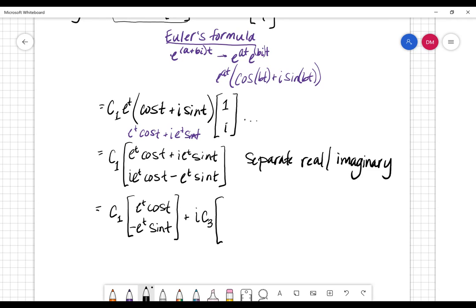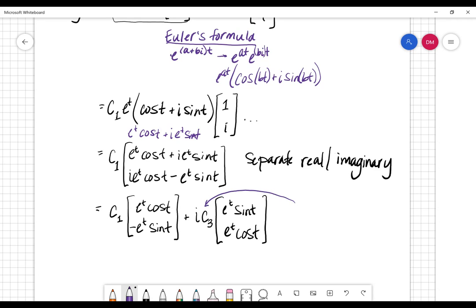So I pulled out the i, so for the first element, e to the t sine t, and for the second element, e to the t cosine t. Now, I know I'm going through this kind of quickly, and this is a very confusing topic, so let me know if you have questions, or you can go back and replay this, but this is tricky for sure.